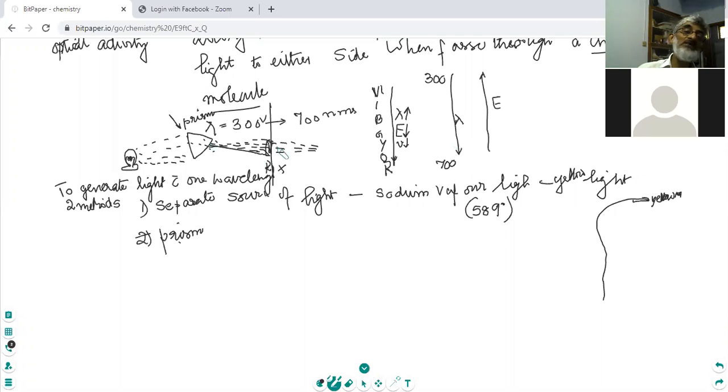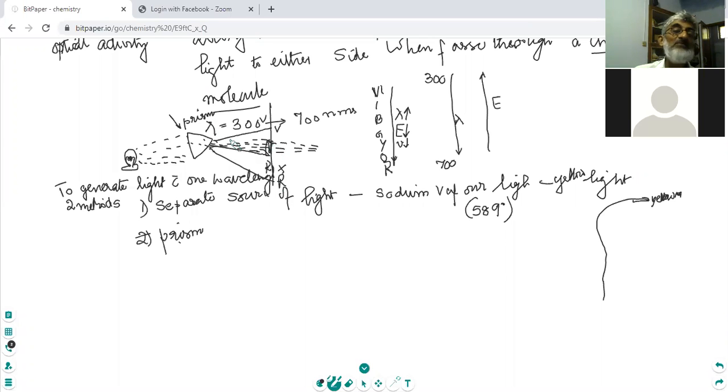How do you convert this into monochromatic light? You pass it through a prism, and you'll get the 300 to 700 being separated. This will be V, and this will be R, and then you have a slit in between, a small hole.